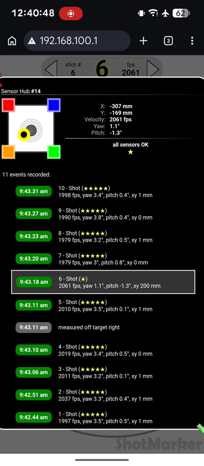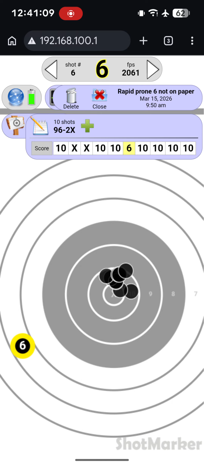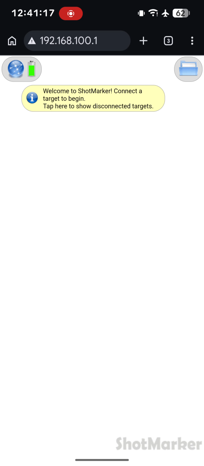If I take the average of all the other shots, it might still be within 50 feet per second of the average, but it's clearly different, in my opinion. So when the paper was examined, this 6 was found not to be there. I think it was found to be a 10. Okay, so that's one example.